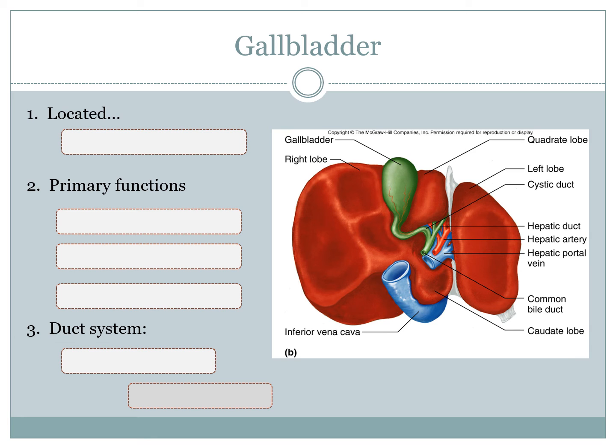Okay, now the gallbladder. This is looking at the liver from the bottom. Inferiorly, you can see the right lobe. The left lobe is smaller. You can also see the quadrate lobe.